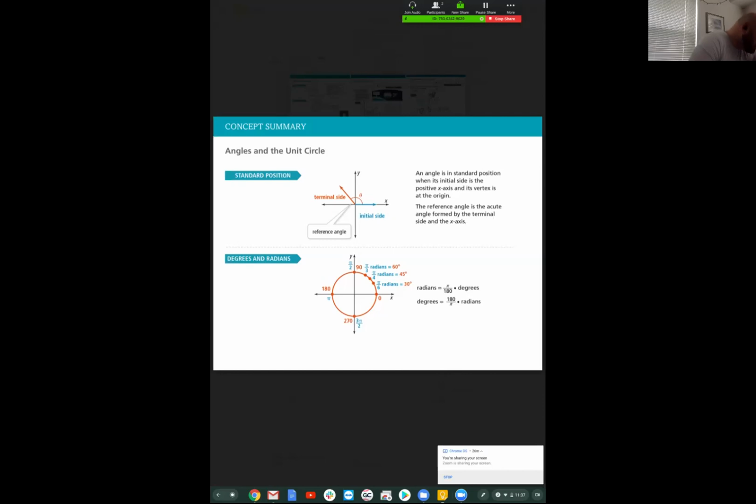The reference angle occurs when you take a straight line from the terminal side down to the x-axis. Then we have degrees and radian measurements, and you can see a bunch of different angles that they've given you here and the conversion factors. So use these concepts, use the examples that we've had to work on your assignments for this lesson.